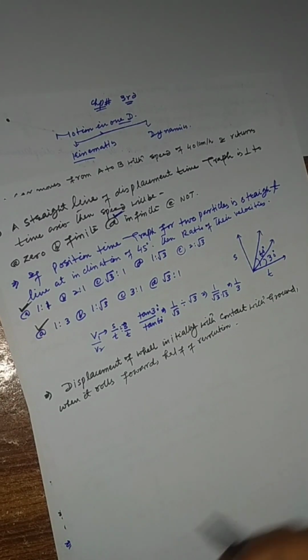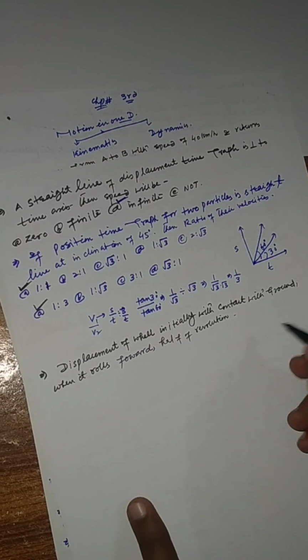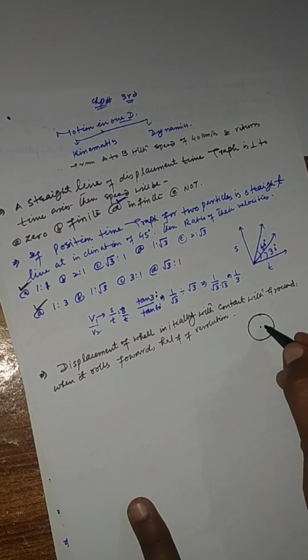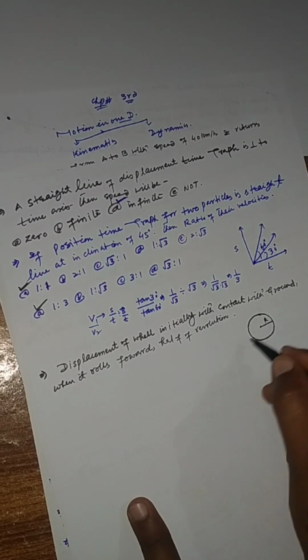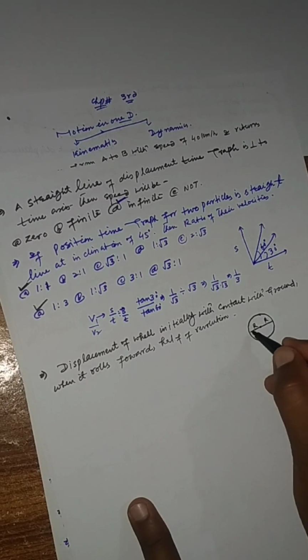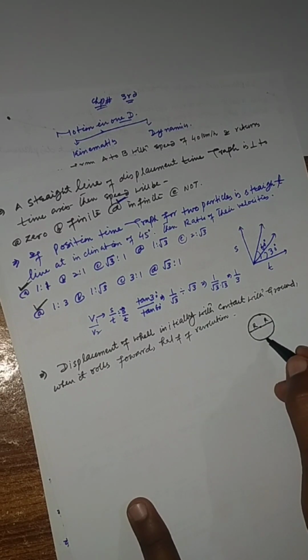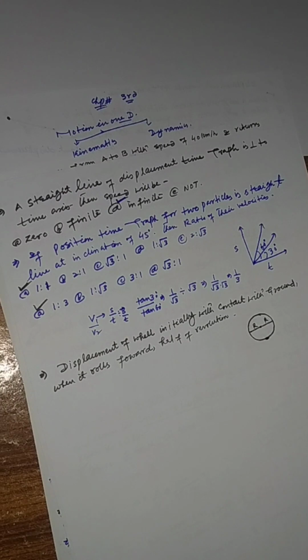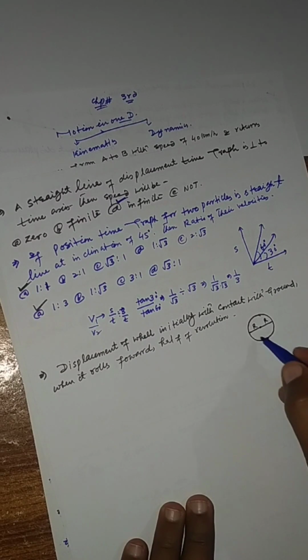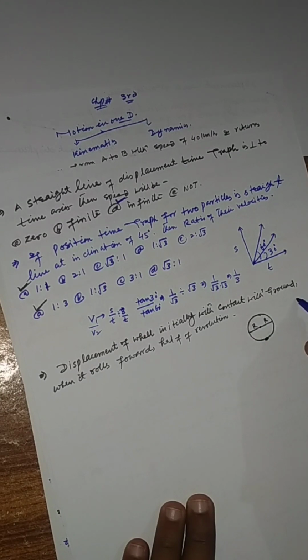अच्छा, एक wheel है जो initially it is in contact with the ground. This is a wheel of radius r. This is r. This is from the center to this point, also r. This is the point of contact. If it moves from this to half circle, half of a revolution, then it will cover this much distance.